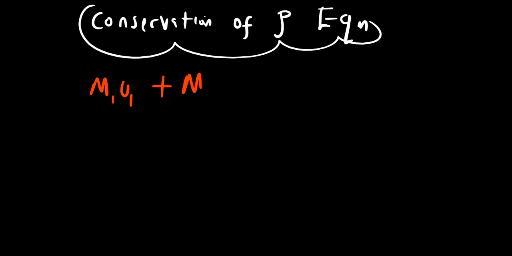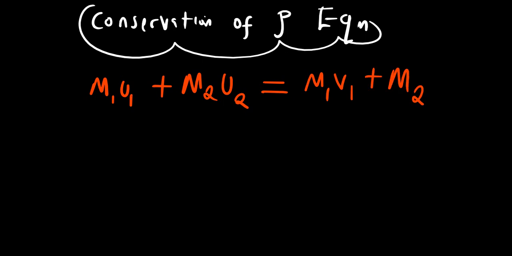Then we are going to have m2u2 for the second ball. Then after impact you're going to have the same mass, but in this case this one is going to have a certain velocity, plus we are going to have the second ball with its mass and the velocity at which it's going to move. So this is the conservation of momentum equation. You have to know this one by heart.